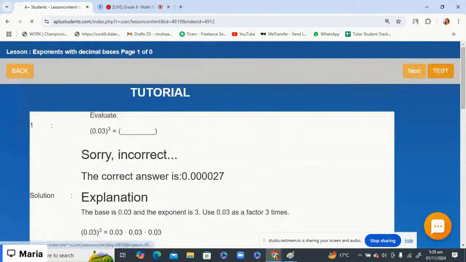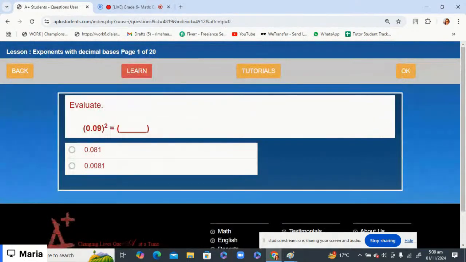Now let's start some test questions, okay? So here 0.09, let's get started, times 0.09. Let's do this question, and then you guys tell me the answer.